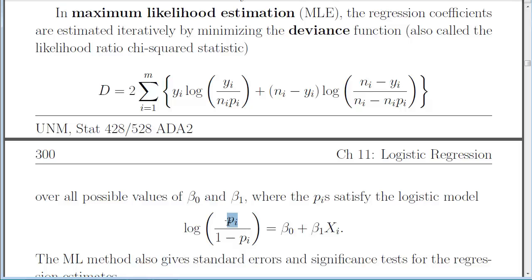So we're finding a model that makes the data most likely. And p depends on these values beta naught and beta 1. So we estimate beta naught and beta 1 to give us probabilities p that make the data the most likely.